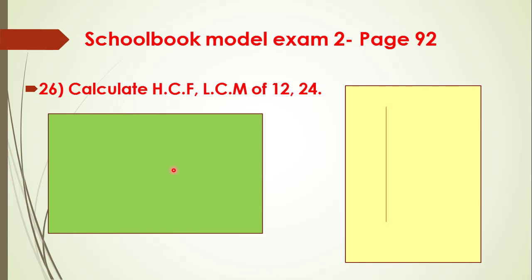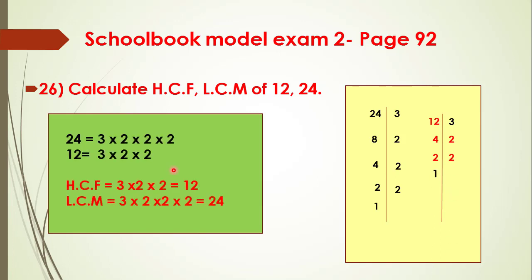Let's factorize 12 and 24 to their prime factors. 24 divided by 3 equals 8, divided by 2 equals 4, 4 divided by 2 equals 2, and 2 divided by 2 equals 1. 12 divided by 3 equals 4, 4 divided by 2 equals 2, and 2 divided by 2 equals 1. So we have 24 equals 3 times 2 times 2 times 2, and 12 is 3 times 2 times 2.